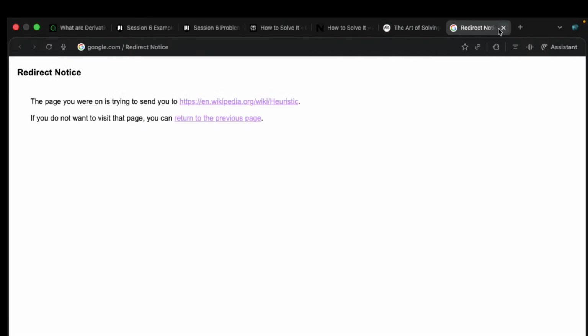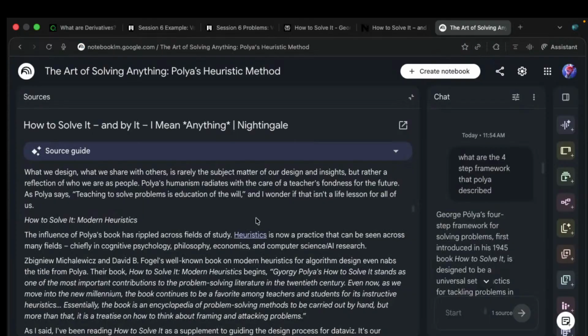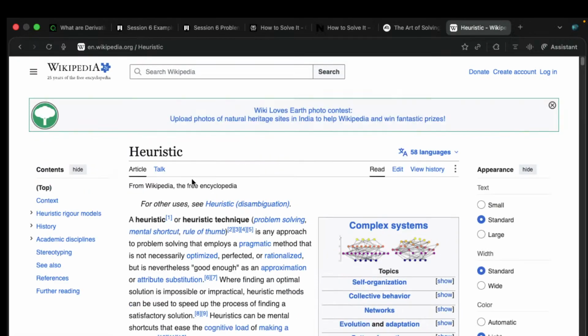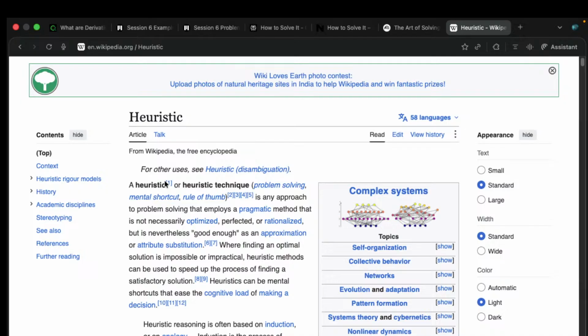So what is this thing? Okay, heuristics or heuristic techniques is any approach to problem solving that employs a pragmatic method. What is pragmatic?